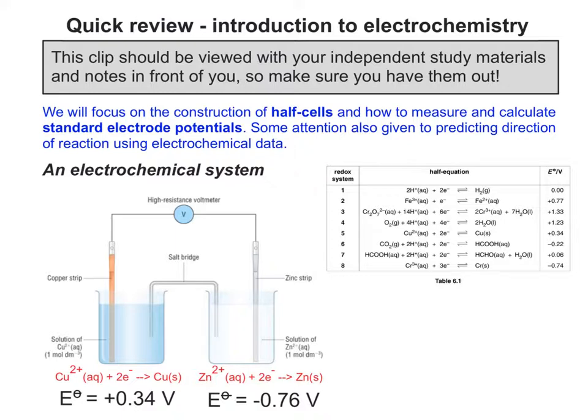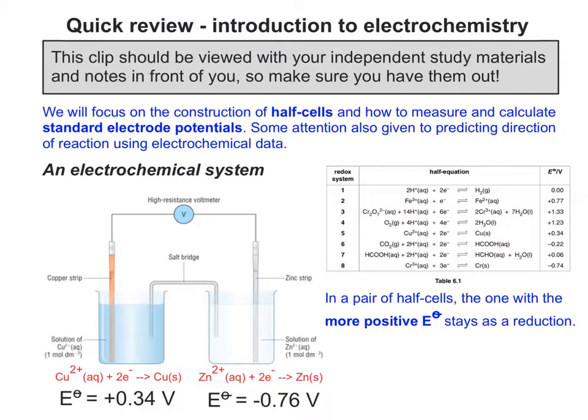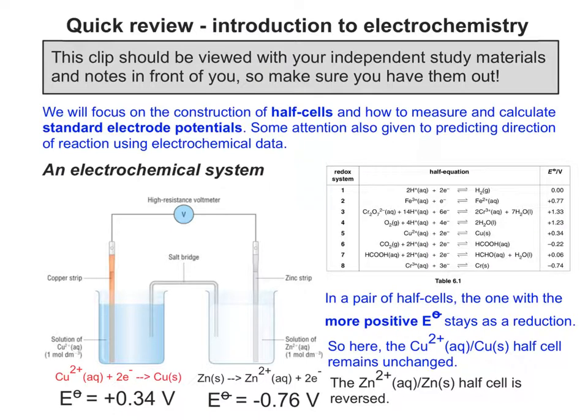So, how do you decide which is the positive and which is the negative half cell? You look at both of the electrode potential values and then decide which one is more positive. In this pair, you can see that the copper is more positive. So the zinc half cell is reversed.